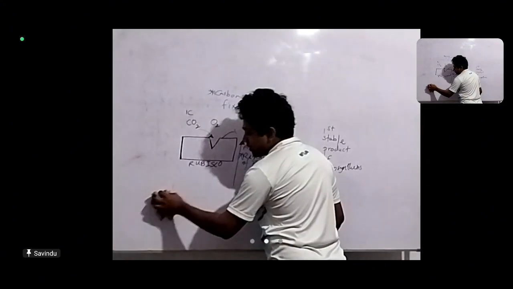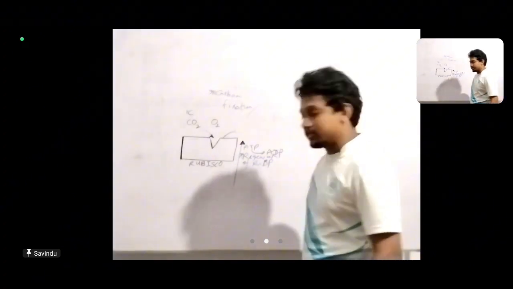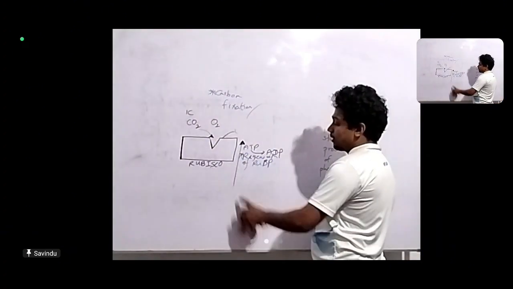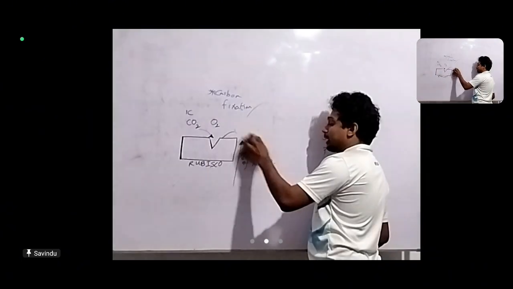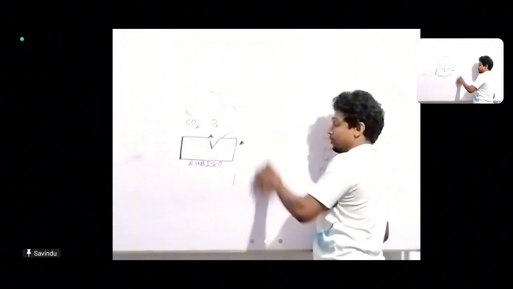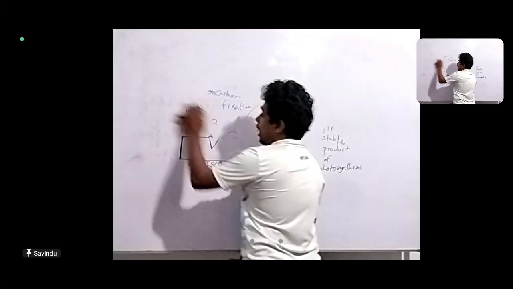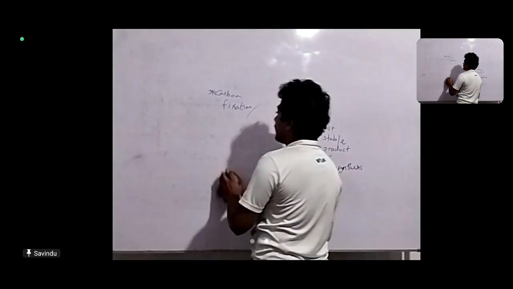And from G3P, glucose is synthesized. After that, the rest of the ATP helps in the regeneration of RuBP. Regeneration of RuBP. So after that, what happens? Carbon fixation occurs again.